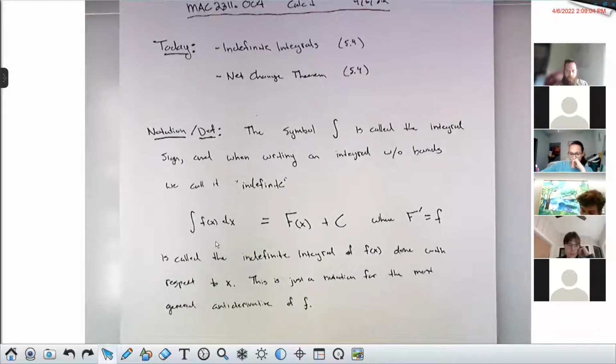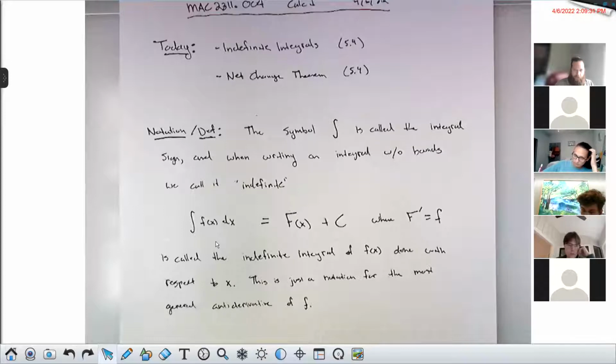So what this allows us to do is merge together the two concepts and notations that we've been playing with regarding integrals. When we've been doing integrals so far, they've always been a definite integral, which we think of as an area bounded by a curve over some interval. And we learned that we solve those by finding antiderivatives and then plugging in the bounds and subtracting what we get. That was the second fundamental theorem of calculus.